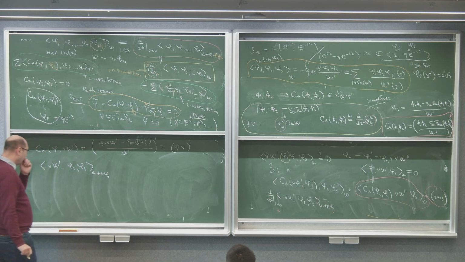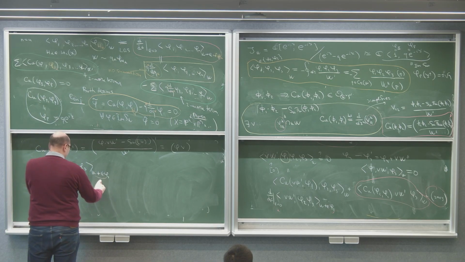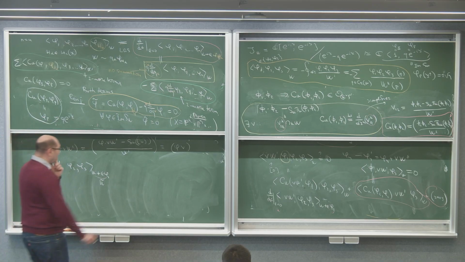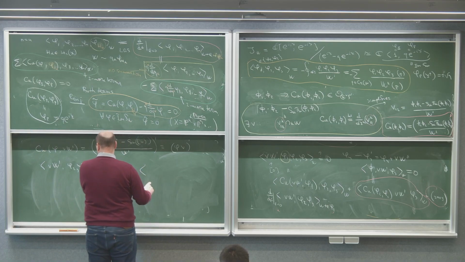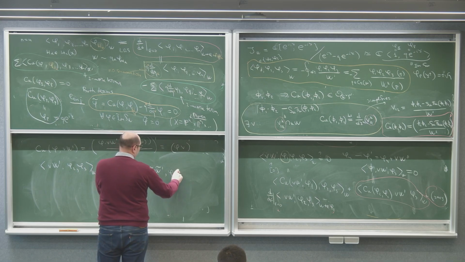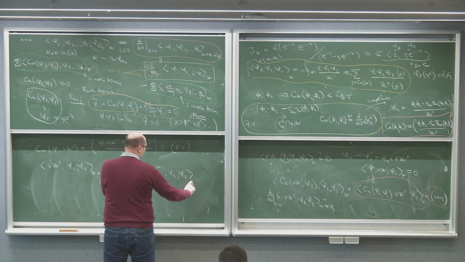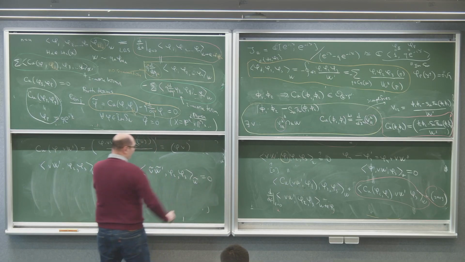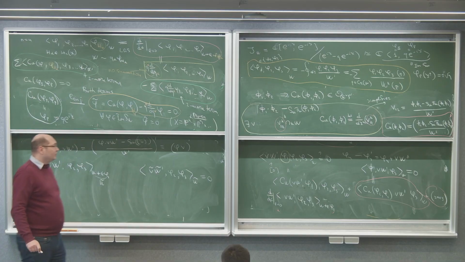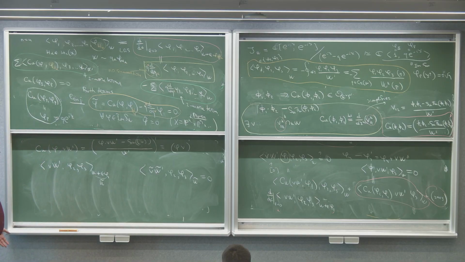So let us do the following thing. Let me call this temporarily w tilde. If I have the 3-point function in the w tilde theory, with some v tilde, w tilde prime, and any other 2 observables, then this thing vanishes. For the same reason: this one is a representative of the 0 class, and the 3-point function is defined on classes.